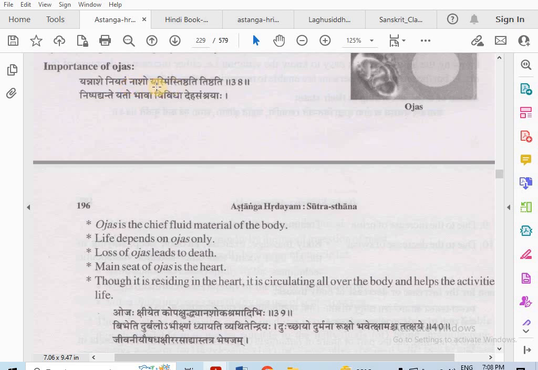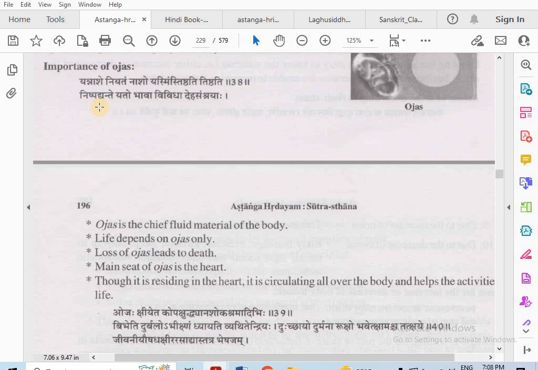And in this line, yasmin tishtati, while the ojas is staying in the body, then the body is also tishtati, staying, meaning alive. Actually the meaning of tishtati is staying, but here you should understand that if the presence of ojas is there in the body, the body is also considered alive. Okay, tishtati.